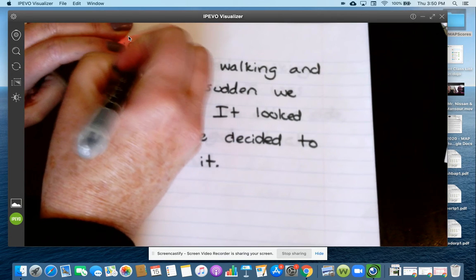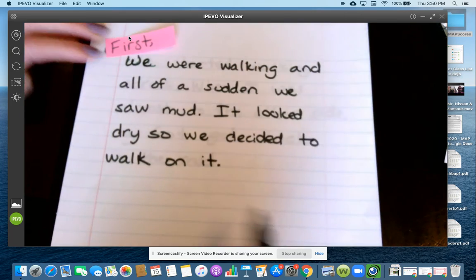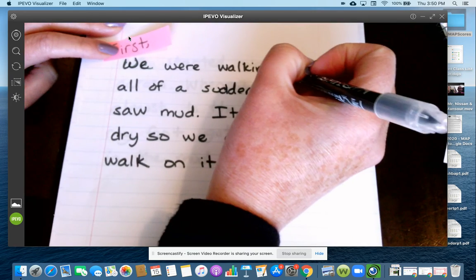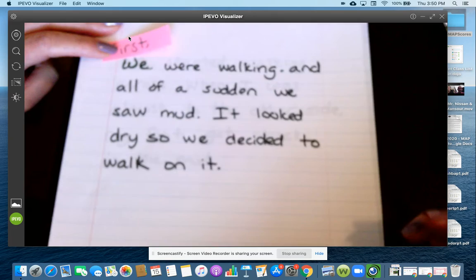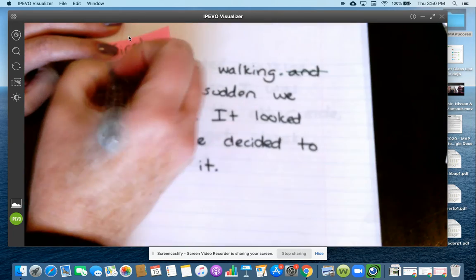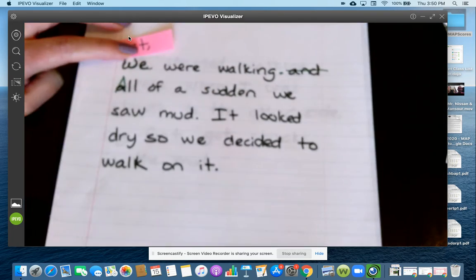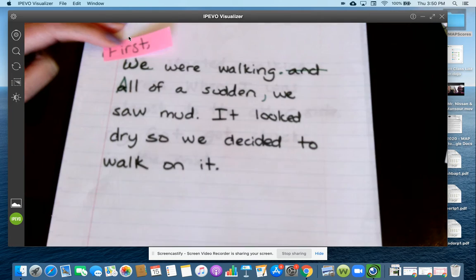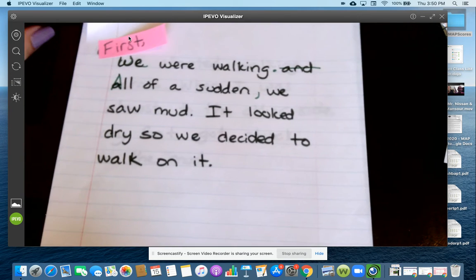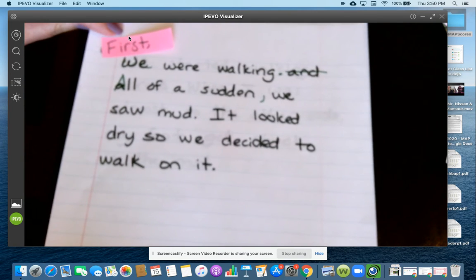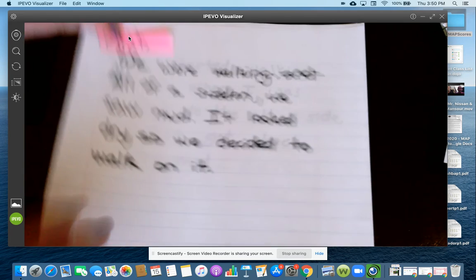We, and I would use lowercase double, we were walking. I'm going to actually take this out, cross out and I'm going to start out with, all of a sudden, we saw mud. It looked dry, so we decided to walk on it first.